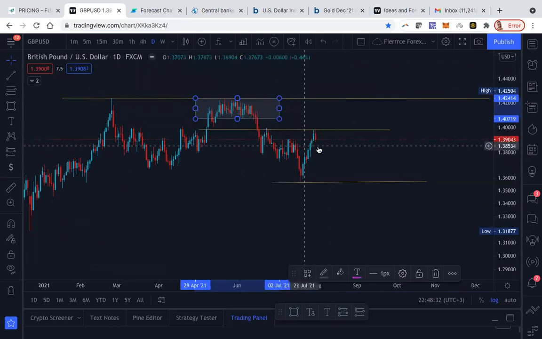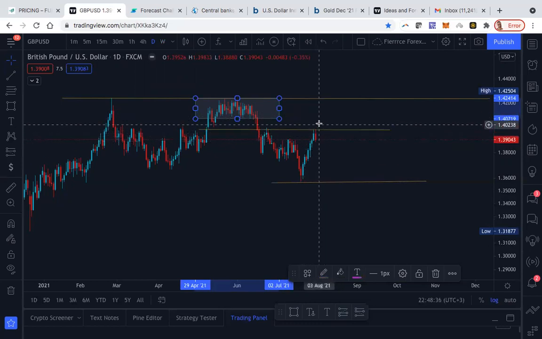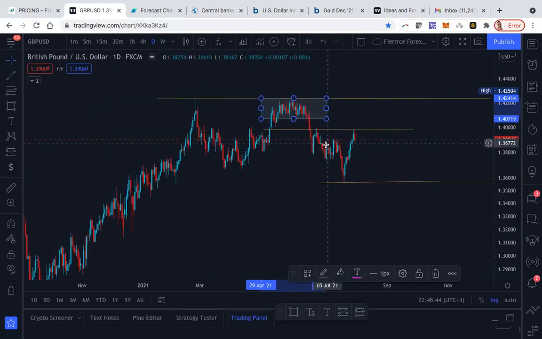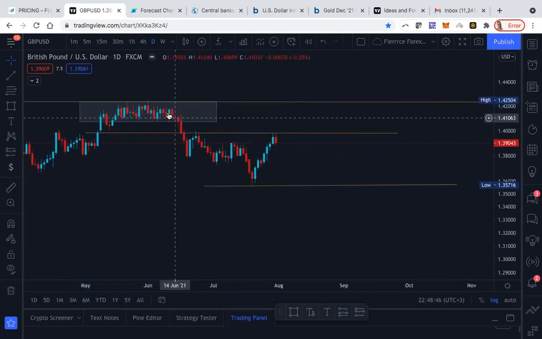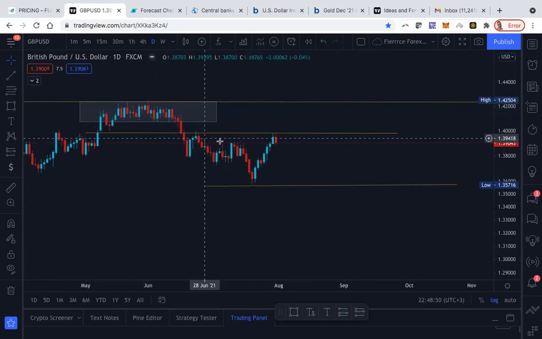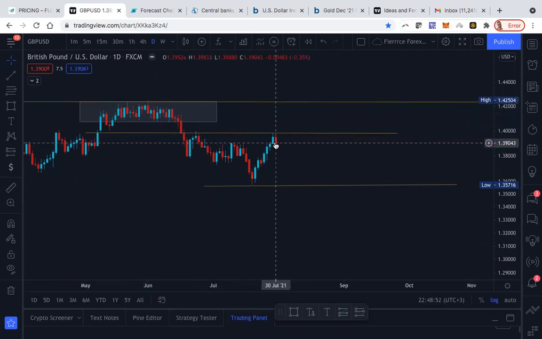So I'd like to see how this opens up. We may see a push up when the market opens this way, but right now we're looking bearish. We have been scaling lower highs. We did break this previous high here, and we have retested it again.